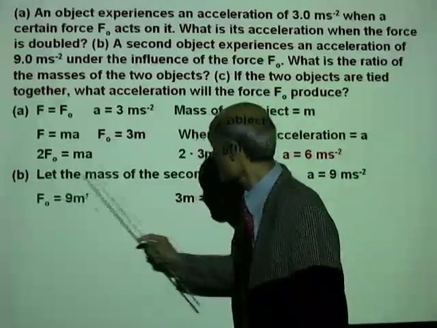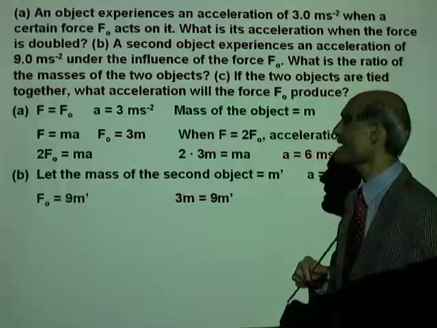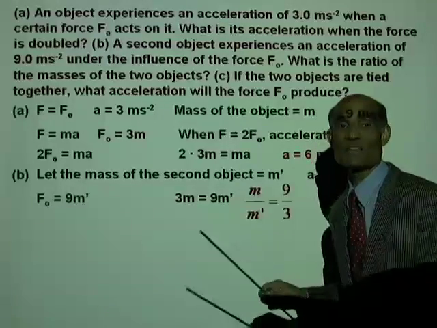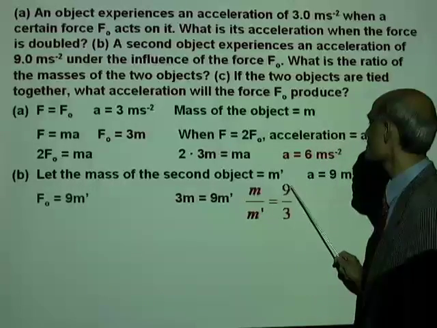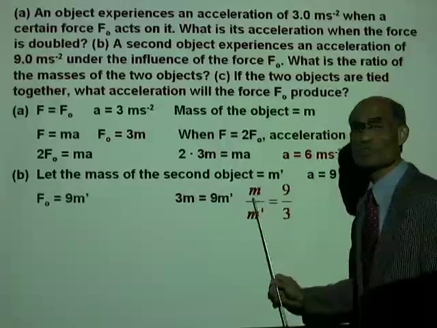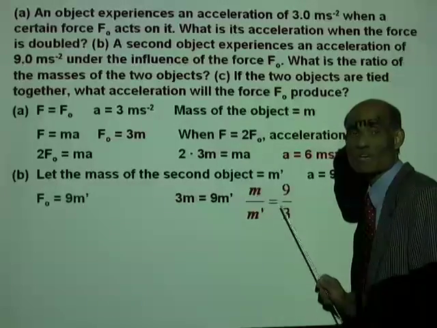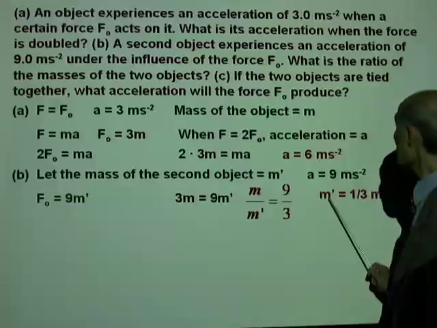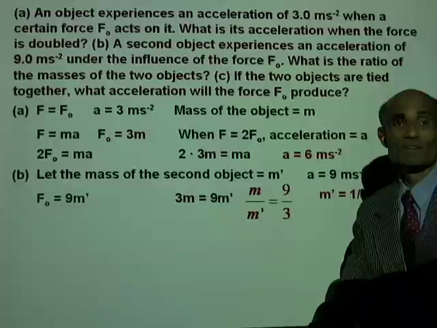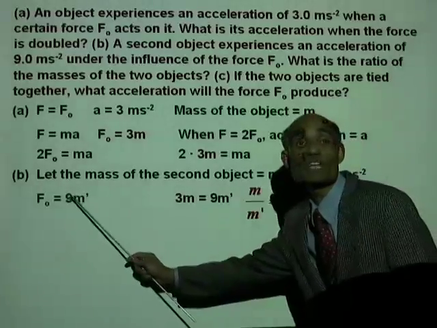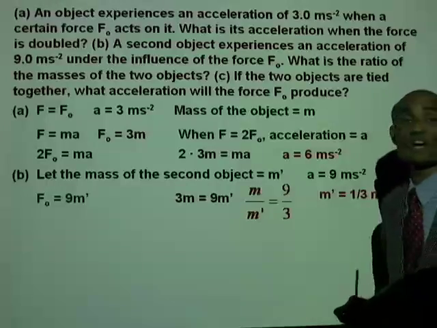So 3m equal to 9m prime, and therefore m divided by m prime is 9/3. You understand that, isn't it? You see, 9m prime equal to 3m, or m prime equal to 1/3 of m. In actual fact, you don't need all these steps to figure out that m prime is 1/3 m.